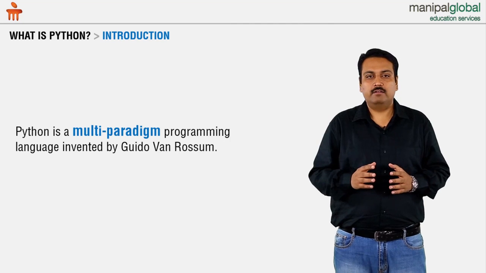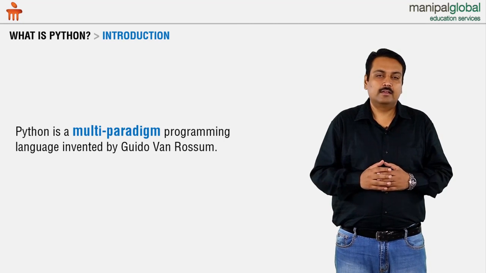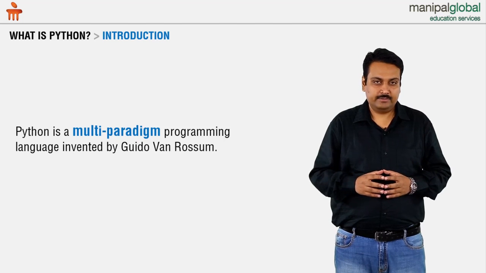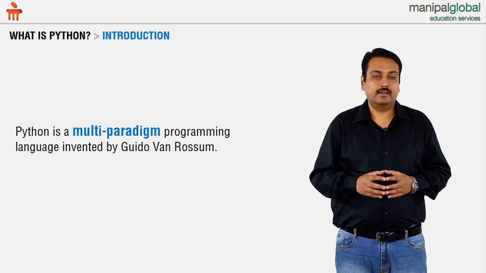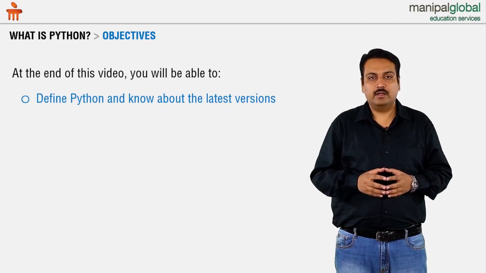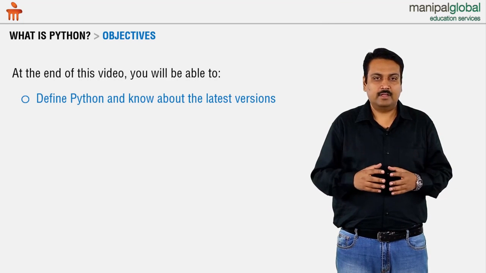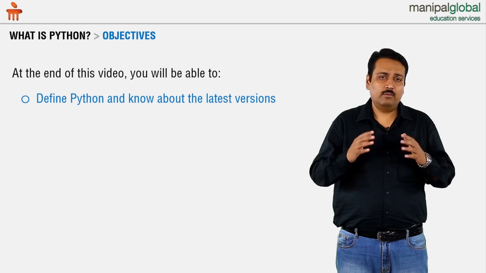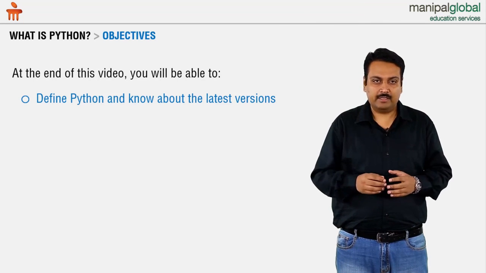This language was invented by Guido van Rossum at a laboratory in Netherlands, and this was invented in the year 1991. In this video, we are going to learn about the various aspects of Python. That is, we will define what is Python. We will learn about the latest versions of Python.